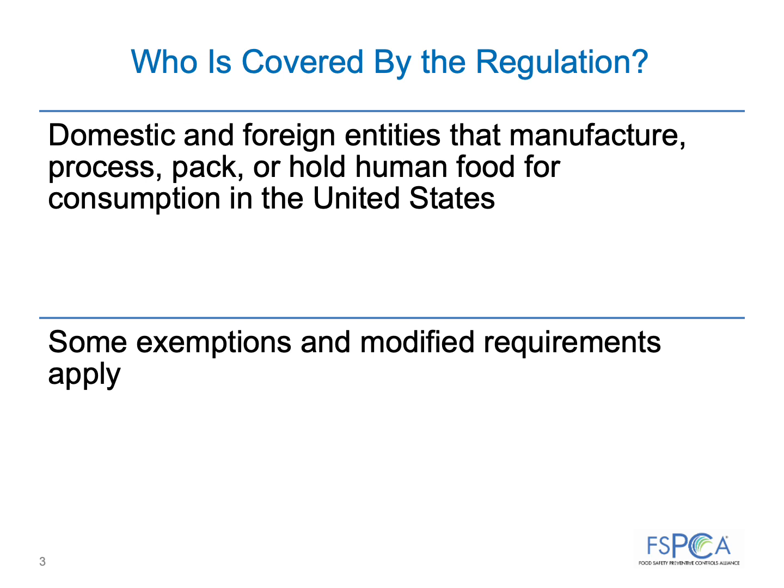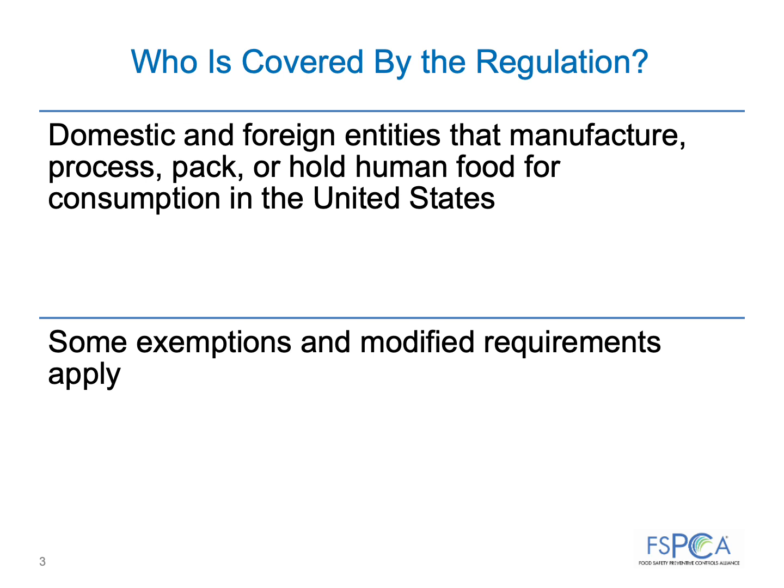Registration is not required for restaurants and retail food establishments, so the PCQI requirements do not apply to restaurants and retail food establishments. GMPs generally apply to entities that manufacture, process, pack, or hold human food for consumption in the United States, regardless of whether the entity is a facility required to register.